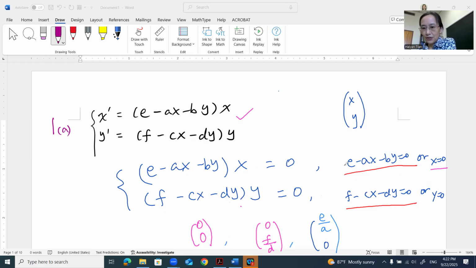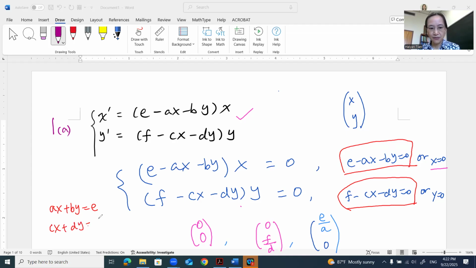Let's solve that system of two linear equations to get X, Y. The linear system can be rewritten in standard form: the first equation is AX plus BY equals E, and the second equation is CX plus DY equals F.